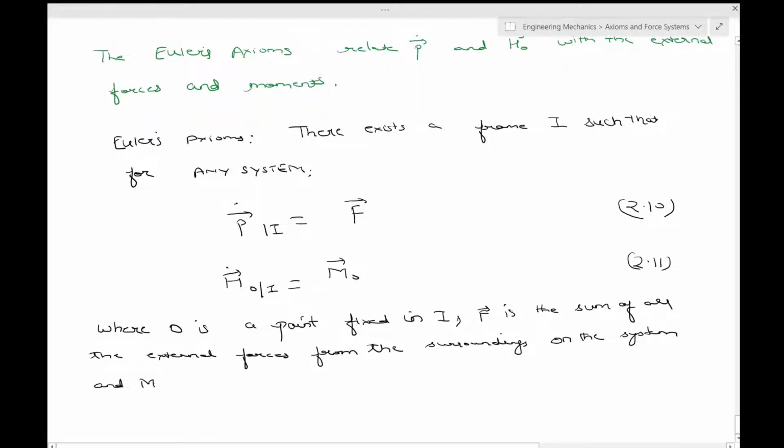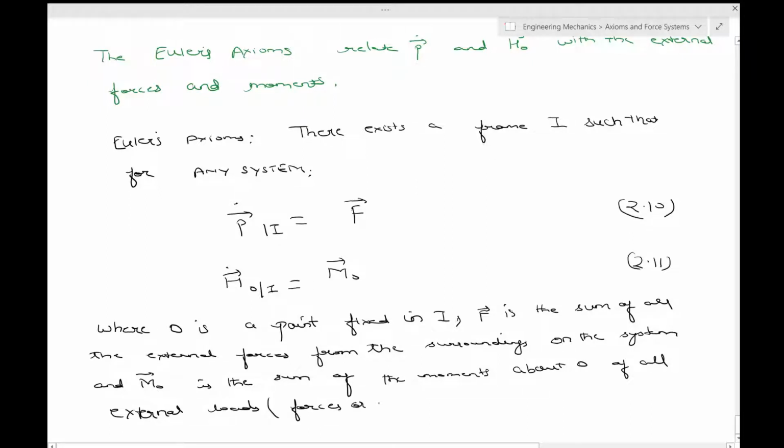And MO is the sum of the moments about O of all external loads. So the loads can be either forces or moments from surroundings of the system.